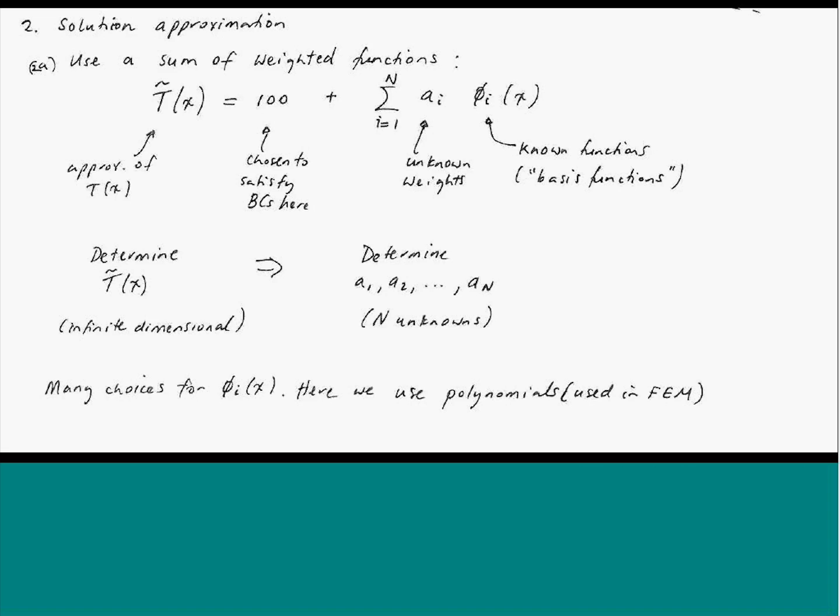And what are these here? These things here are known functions. They're things that I'm going to specify. And what you'll see is that these things are going to be referred to later on as basis functions.